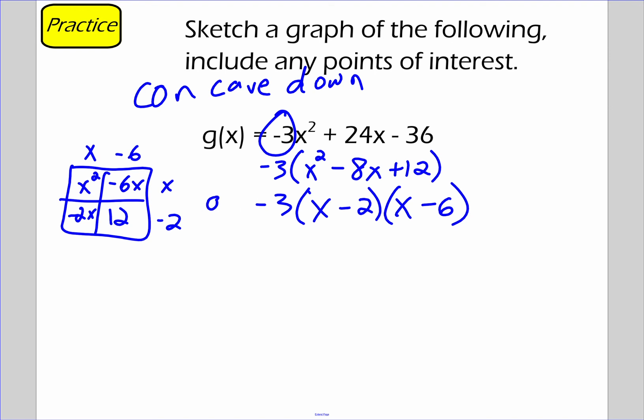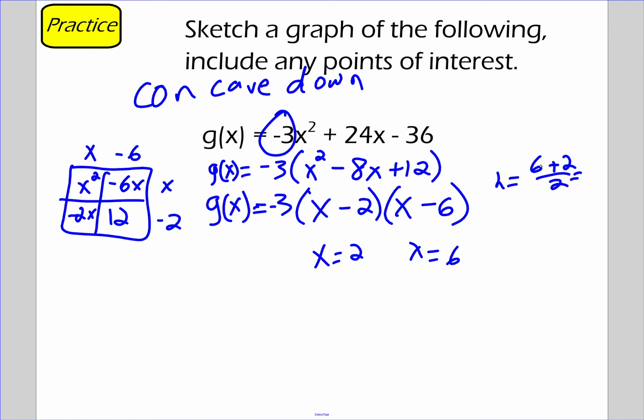All right, now that we know that, we know that our zeros are going to be x equals 2 and x equals 6, setting each of those equal to 0. And then the x-coordinate of the vertex, h equals 6 plus 2 over 2, right? That's going to be 8/2 or 4.